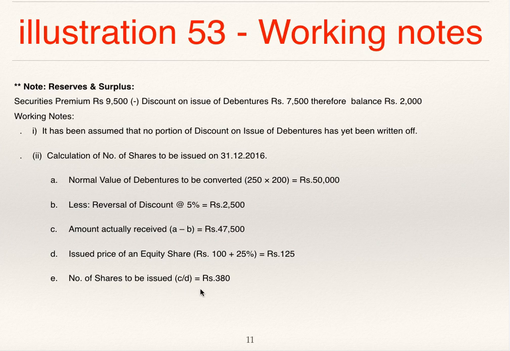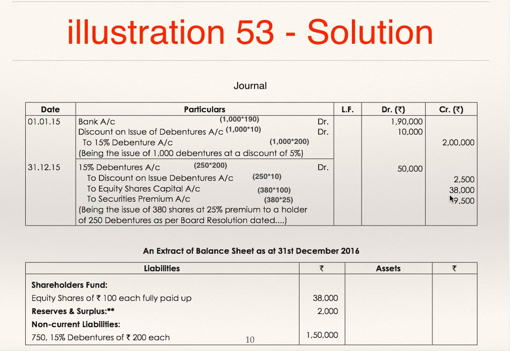The number of shares to be issued is 47,500 divided by 125, which is equal to 380 shares issued. So that is the reason why this is 38,000, this is 9,500. 380 into 100 and 380 into 25.